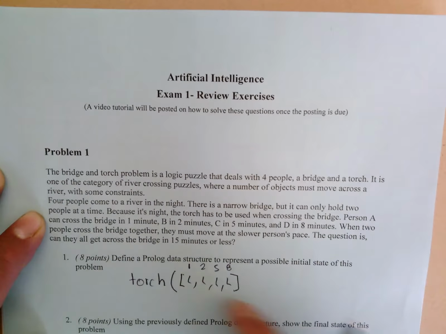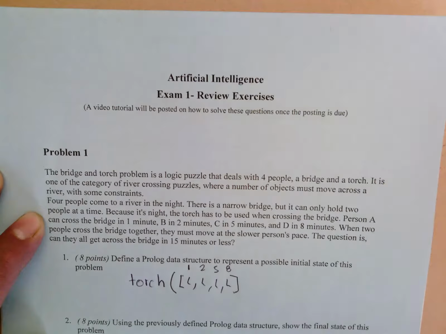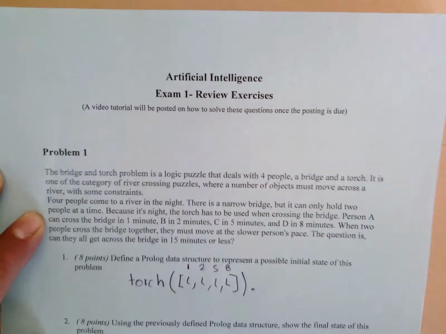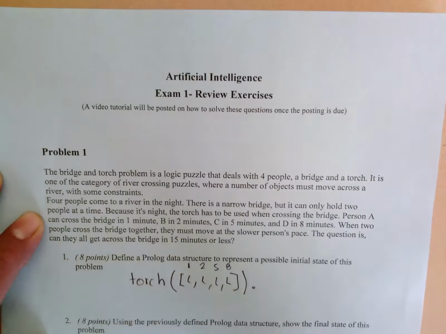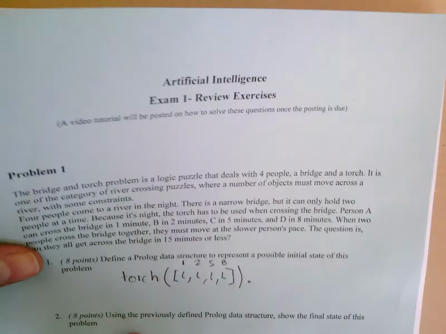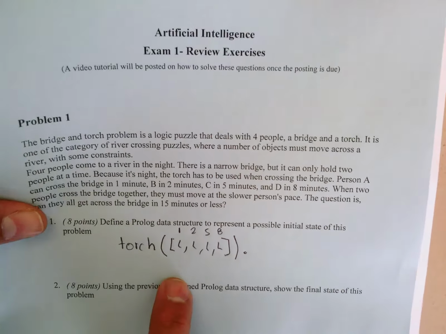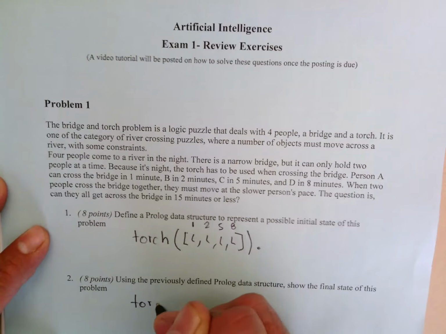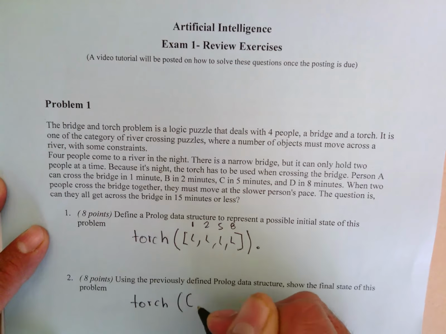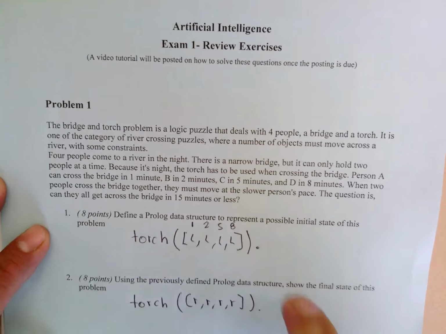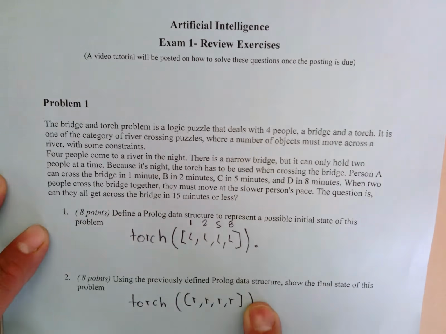So I need to take that into consideration later when I'm doing, for example, my heuristic function. So this may be a way of representing it: A, B, C, and D. Now it says, if I continue using this data structure, what will be my final state? So the final state, I can say R, R, R, R. From here I want to go over here.